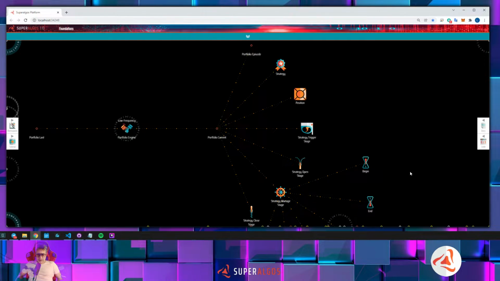I guess the first thing I need to know is which bots I am managing. So probably the managed bots should be information at the portfolio engine.